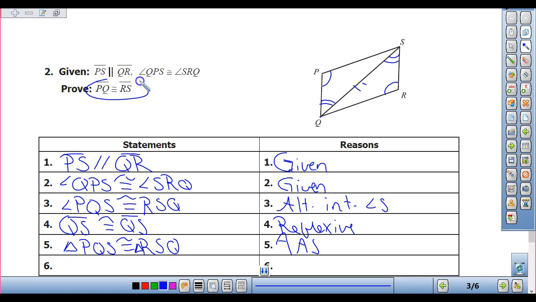Okay, and now because we have congruent triangles, we can say PQ is congruent to RS by CPCTC. Or if you want to write out corresponding parts of congruent triangles are congruent, have fun with that.